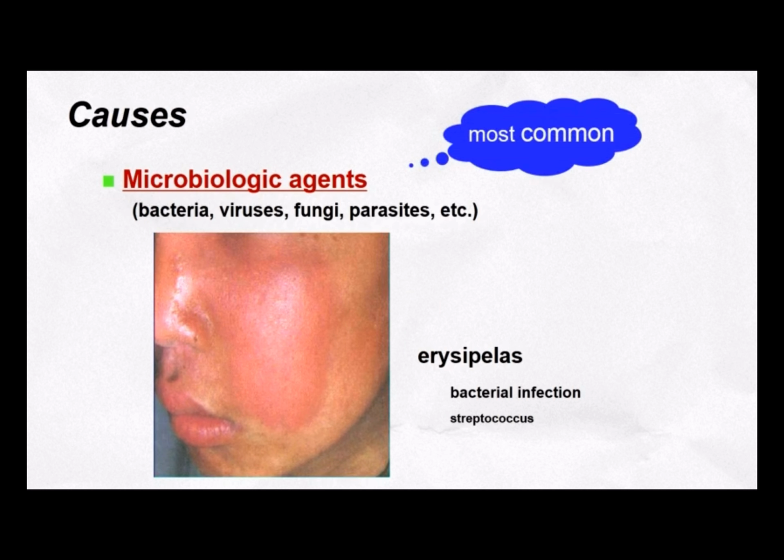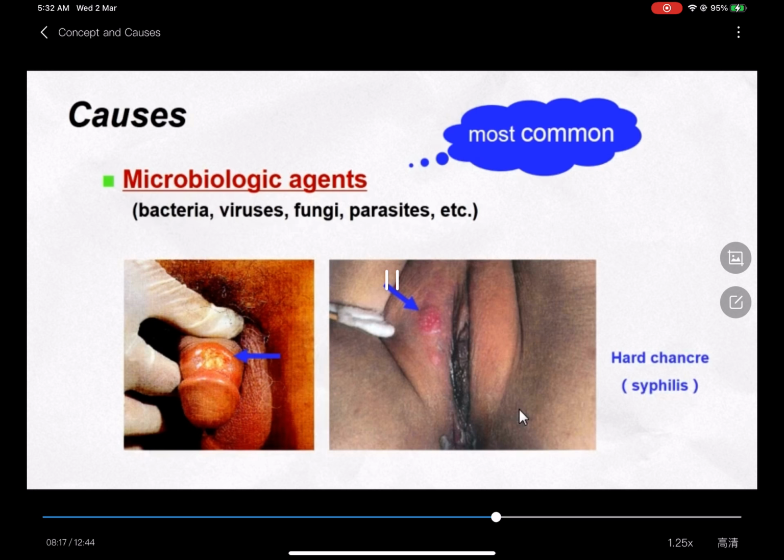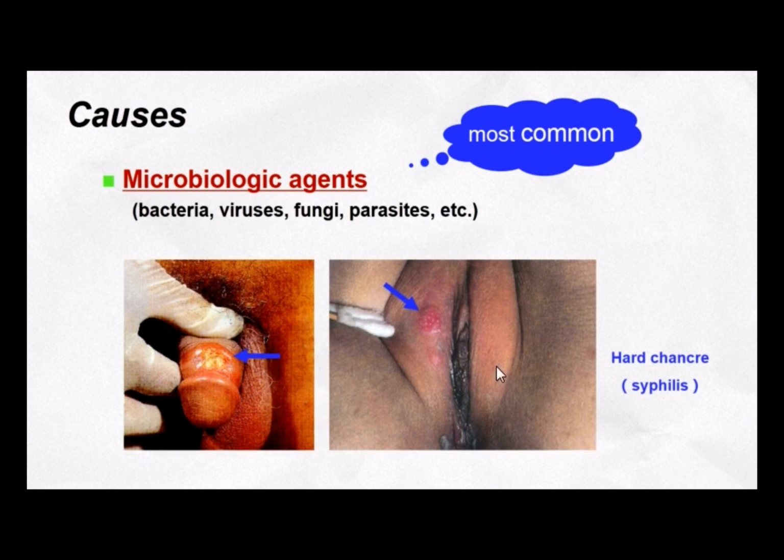Microbiologic agents include bacteria, viruses, fungi, parasites, etc. The picture shows a marked redness and swelling of the facial skin. This is an acute inflammation caused by streptococcus. This picture shows the patient with blisters on the skin caused by herpes virus infections. The two pictures show hard chancres, which are caused by syphilis infection.